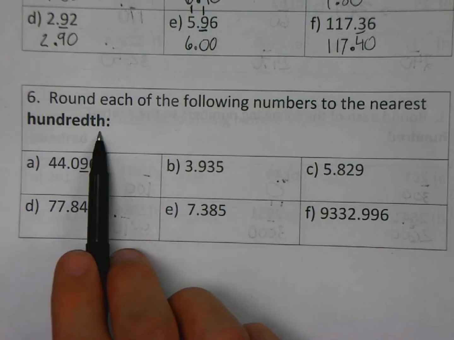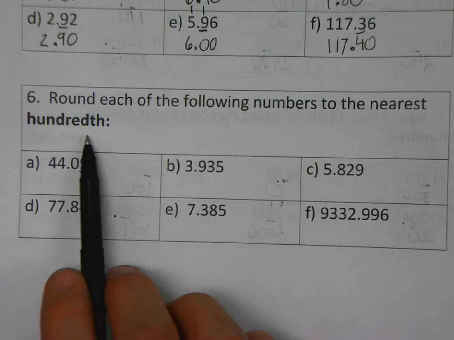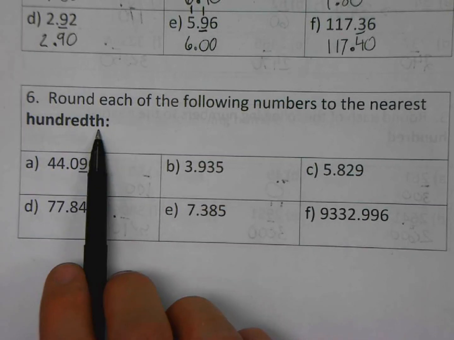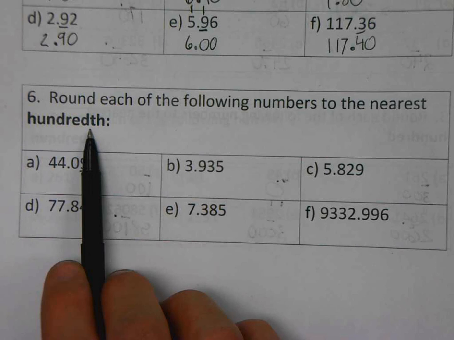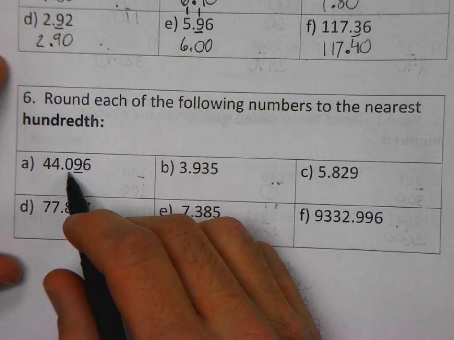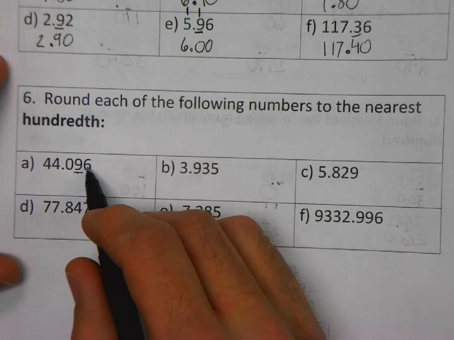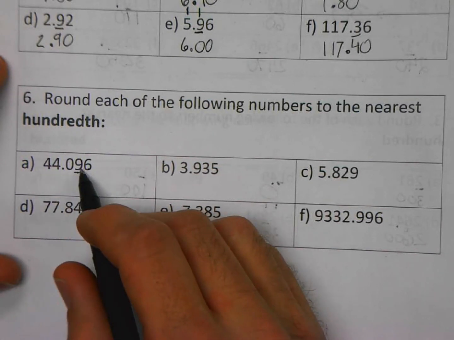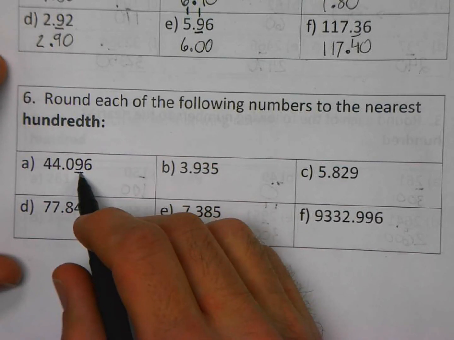Hundredth and hundred sound almost the same. You got to look for that TH. Whenever there's a TH, it means it's after the decimal. So it's the second one after the dot. So 1, 2, we're right there. The next number here is a 6. It tells us we need to add 1 to this 9.